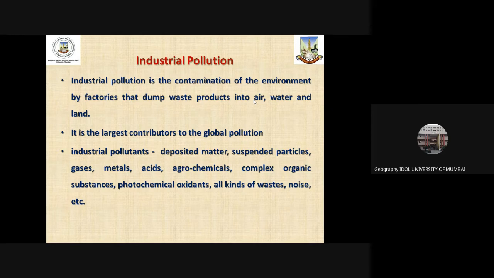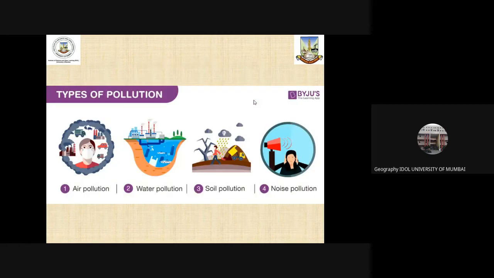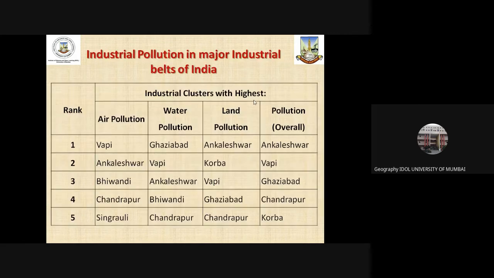And sometimes industries are also responsible for noise pollution, which has its own impact on various elements of biodiversity. Air pollution, water pollution, soil pollution or land pollution, and noise pollution are important types of pollution.